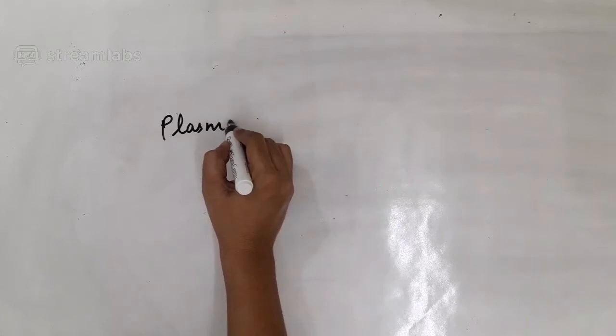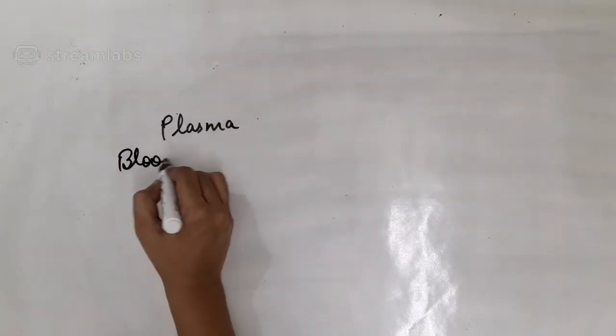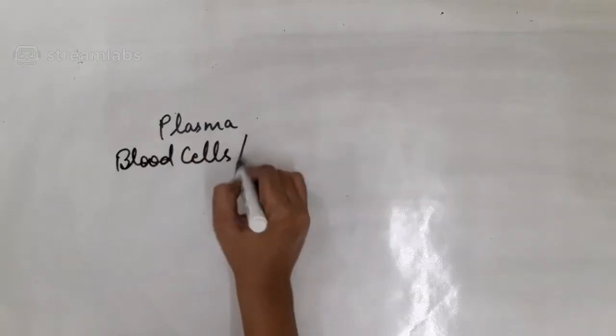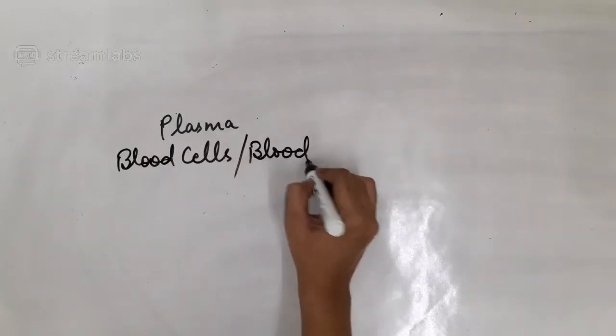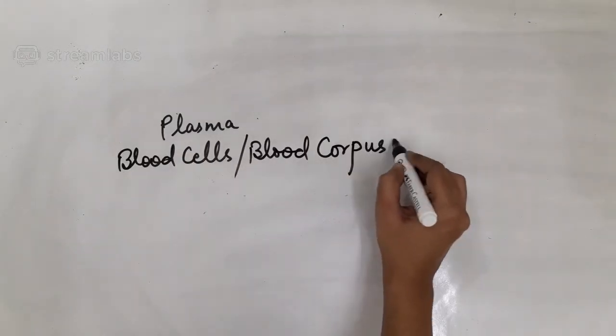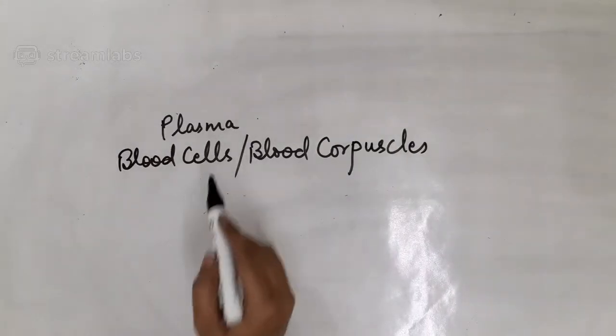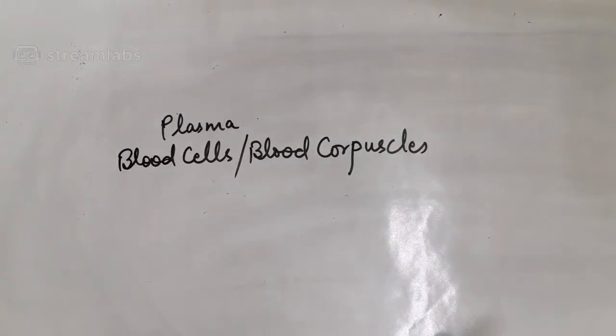You know about the functions or the composition of blood. The blood has two parts. One is the liquid part known as plasma, and another is the blood cells or blood corpuscles. Plasma is the liquid part of blood that is pale yellow in color, in which these blood cells float.